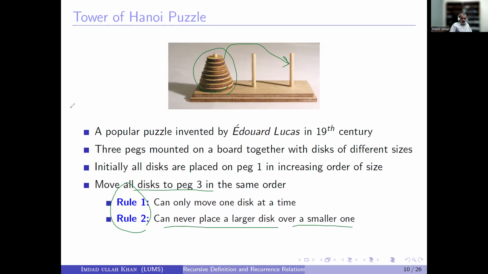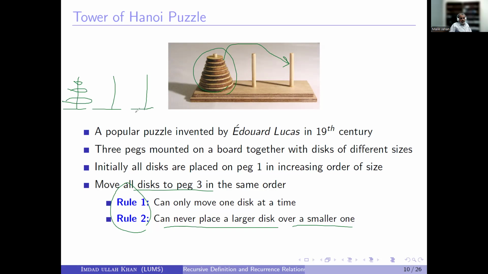So try to pause the video over here and try to play this game with the 3 towers given to you. Try to place 3 disks over here: a bigger disk, a medium-sized disk, and a small disk. Apply rule 1 and rule 2 together, and our task is to move these disks from one tower to the other one.